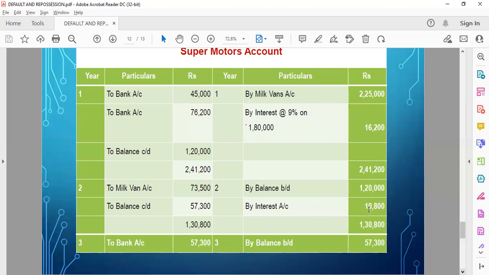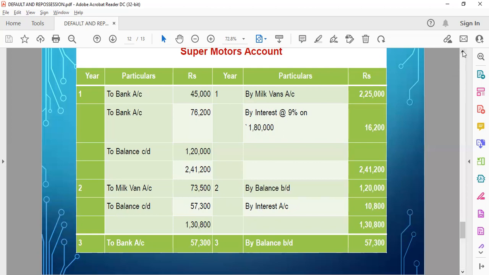Put the total, 1,30,800. Subtract it and find out the balance, to balance CD. How much is the amount? 57,300.